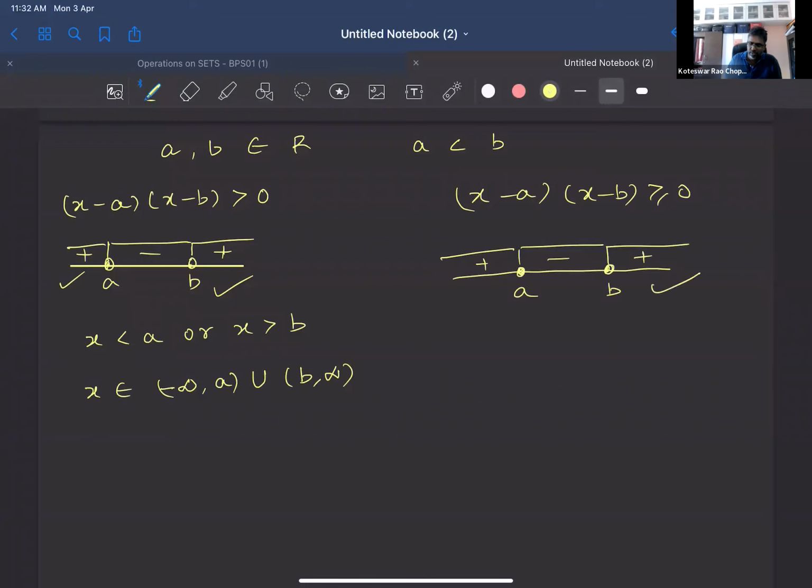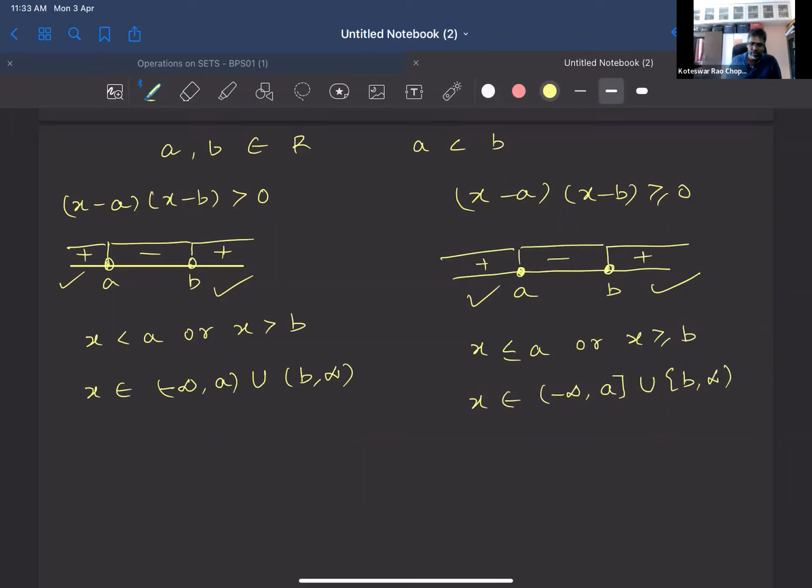So this is my solution, including A and B. x less than or equal to A will work, or x greater than or equal to B will also work. So how do you write your solution set? It will be minus infinity to A, but A is included, union B to infinity.